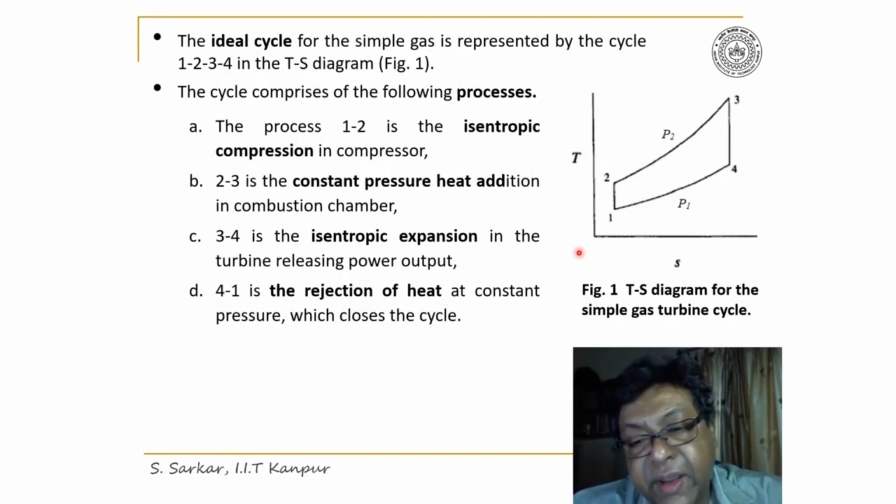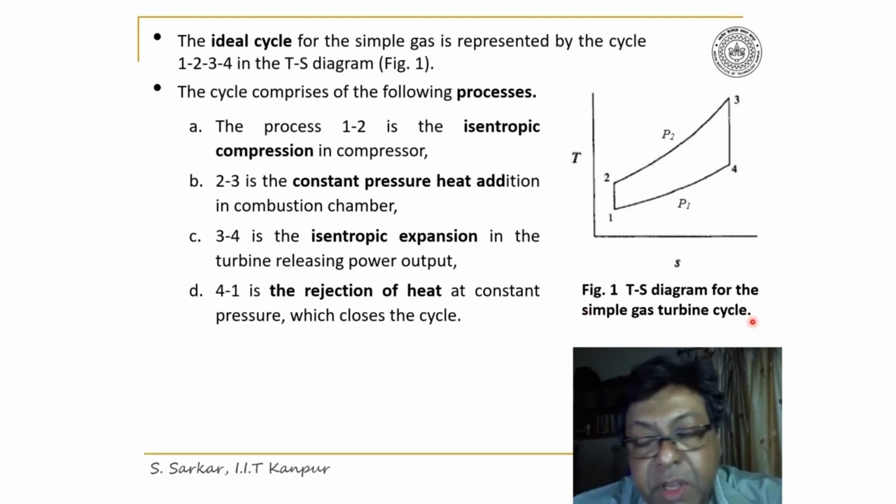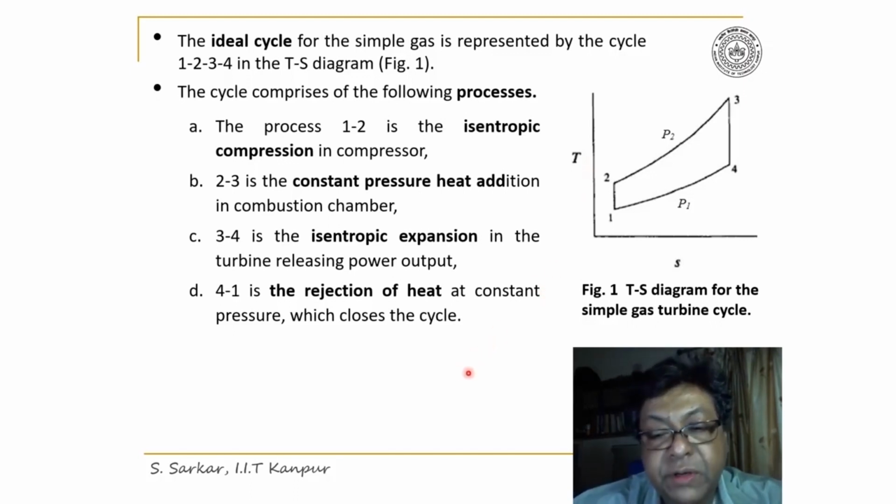The ideal cycle of a simple gas turbine is represented in the TS diagram by 1, 2, 3, 4, and 1, where it comprises the following processes.